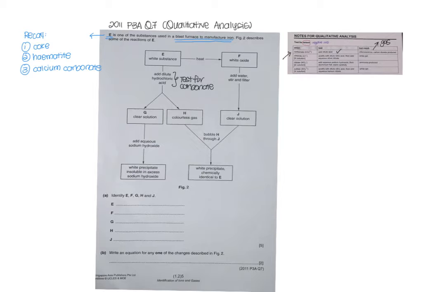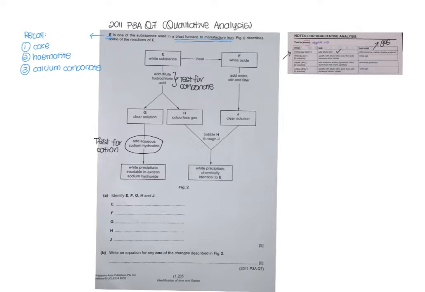It produces a clear solution and a colorless gas, which is bubbled through H and J, and then it forms a white precipitate. So what could it be? I'll continue with this first. Add sodium hydroxide, which is a test for a cation.